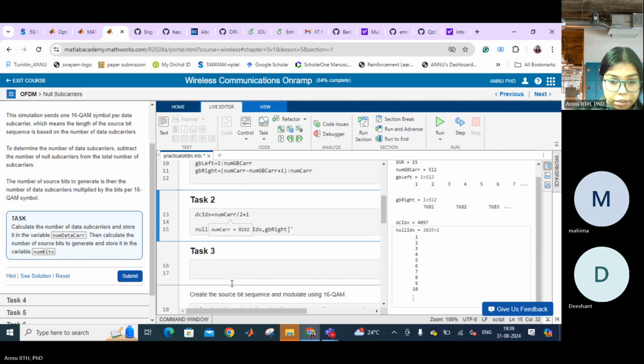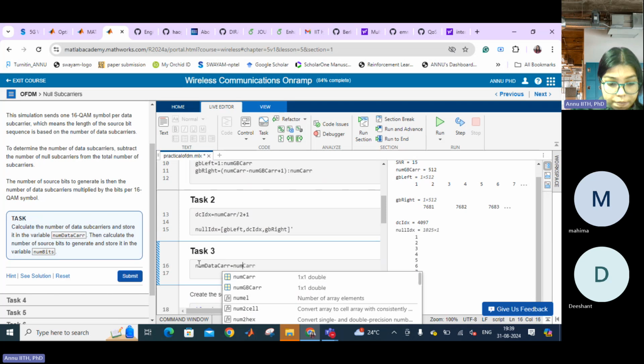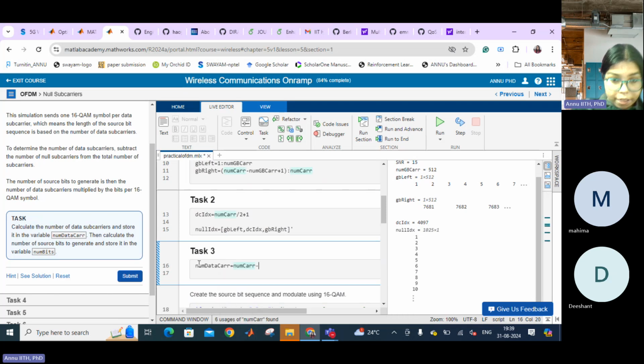So let's first calculate the number of data subcarriers stored in the variable number data carriers, then divide and do that. Is equals to carriers minus length of null index.